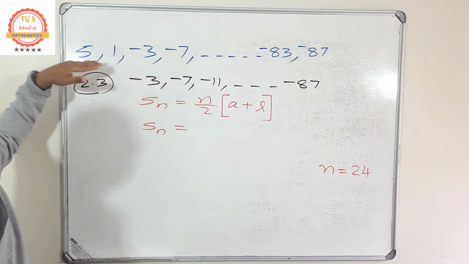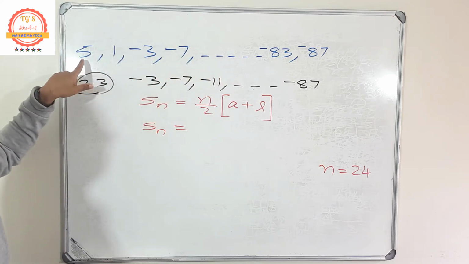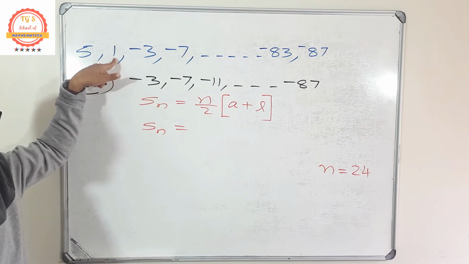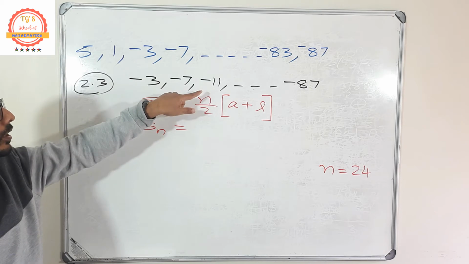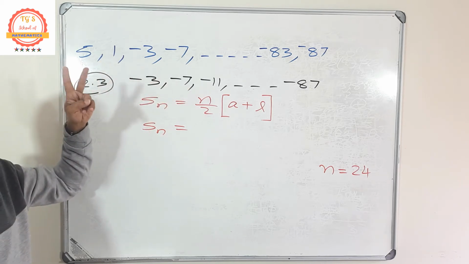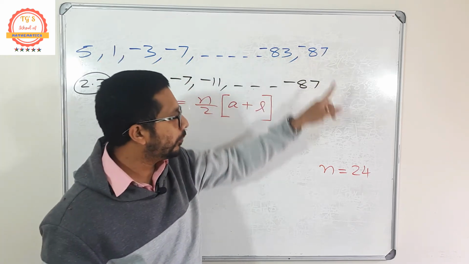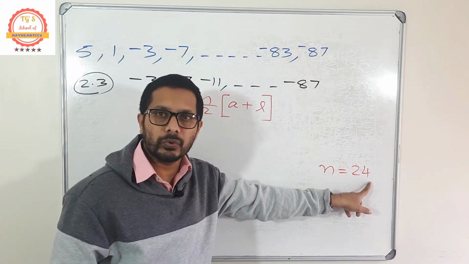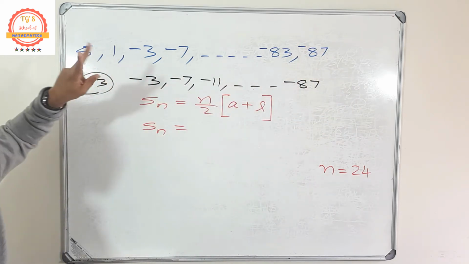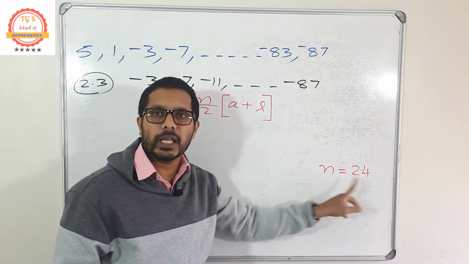Okay, so from that sequence, do you remember we exclude this 5 and 1, because in this question we have to find the sum of negative terms. So how many numbers did we exclude? 2 numbers we excluded, 5 and 1. So in this sequence, how many terms are there? 24. So from that sequence we exclude these 5 and 1, 2 terms we exclude. So what is now in this question, what is n?